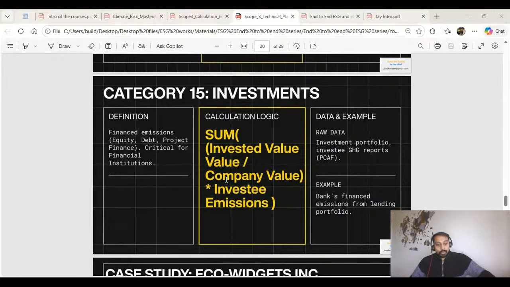Then you have to see where your money goes. So under category 15, banks and asset managers are going to monitor where their loans are going.